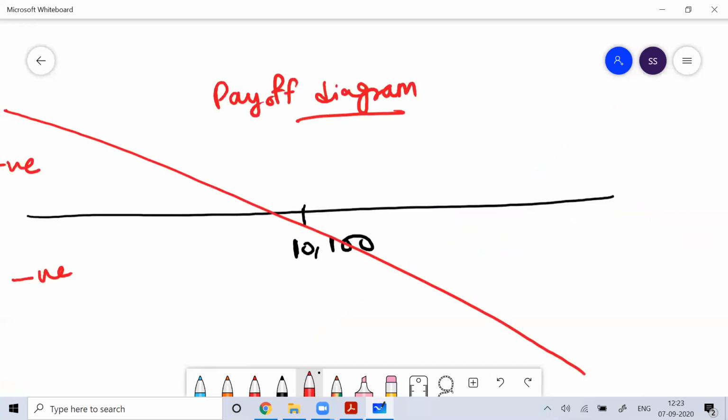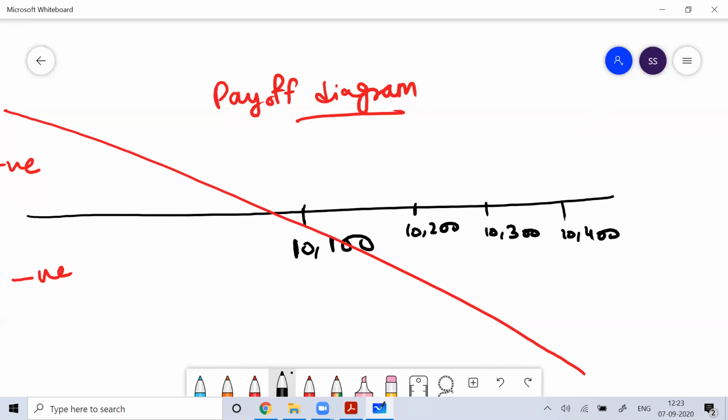You can see this payoff diagram for the short position holder, the person who took the short position. If Nifty goes beyond 10,100, then this person who has taken short position at 10,100 will get loss.